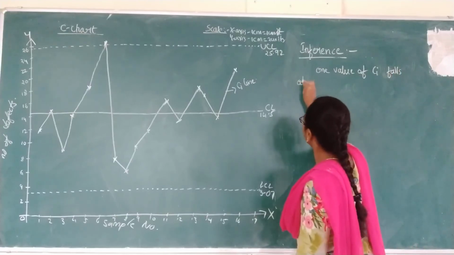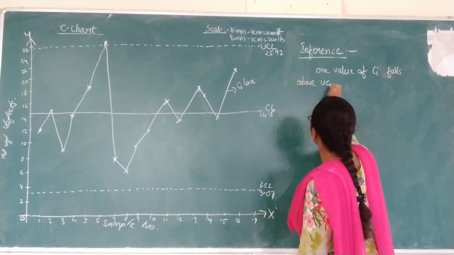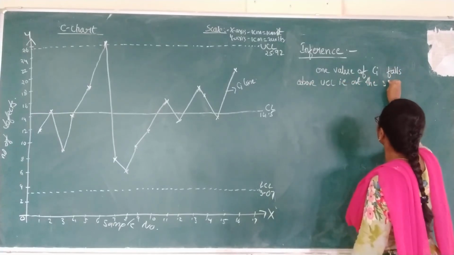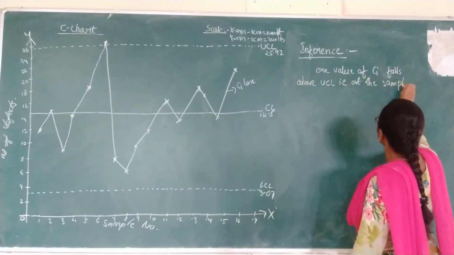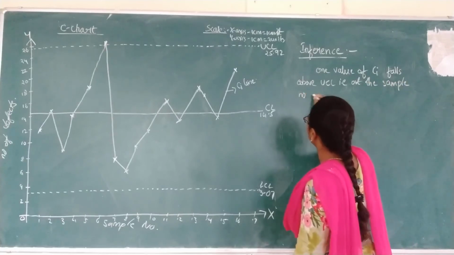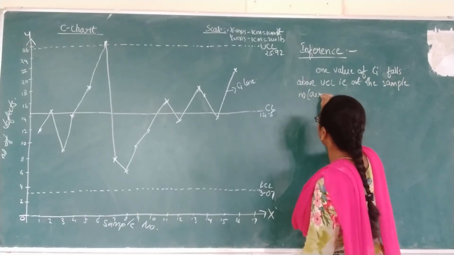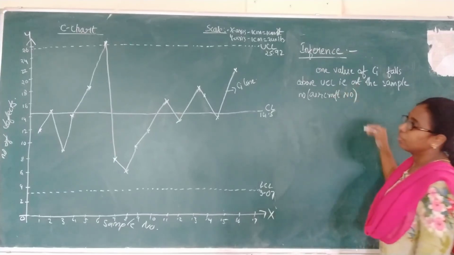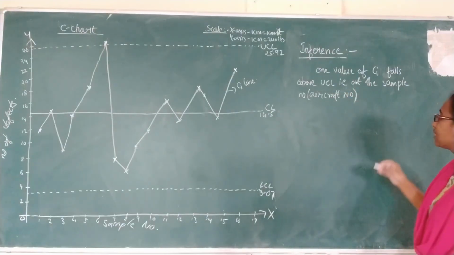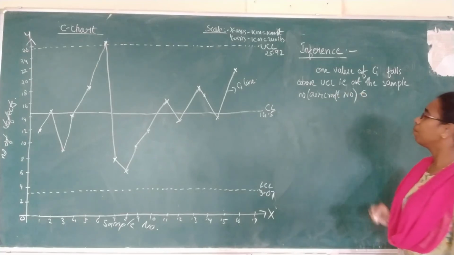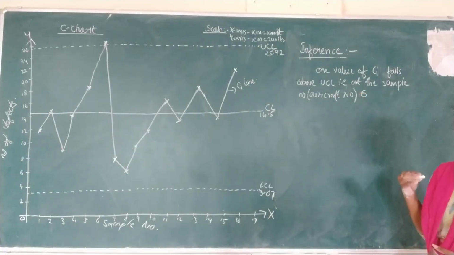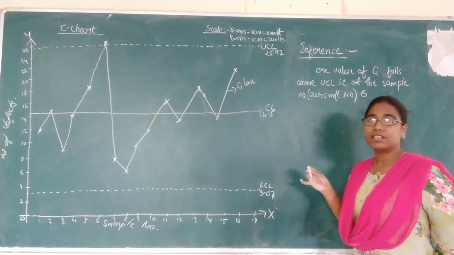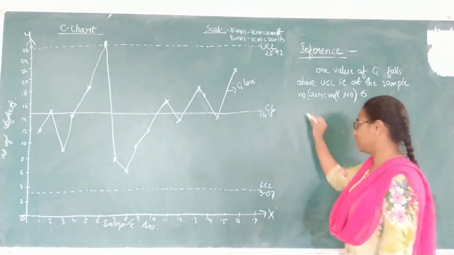Falls above UCL, that is at the sample number 6. So whenever any value goes above UCL, we regard it as a not controlled process.